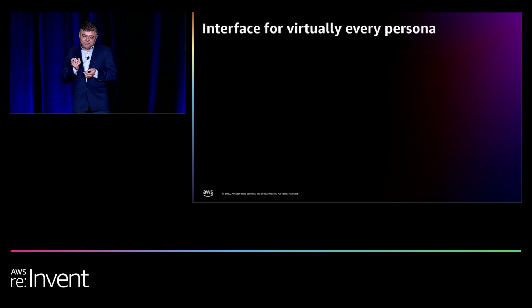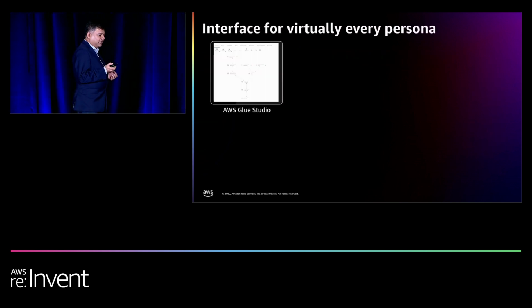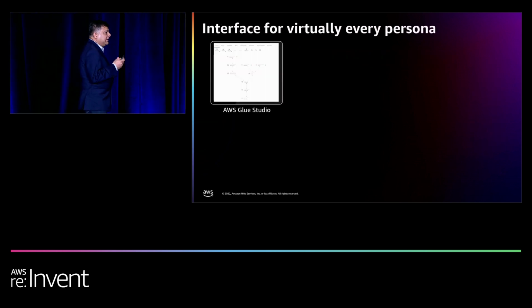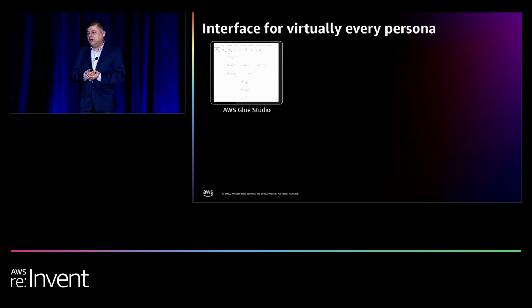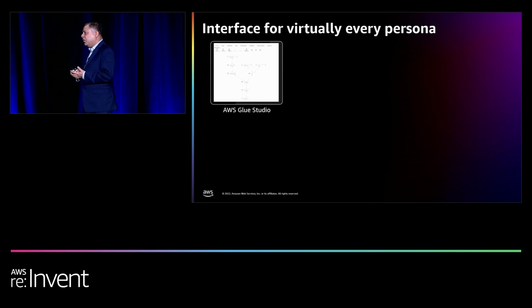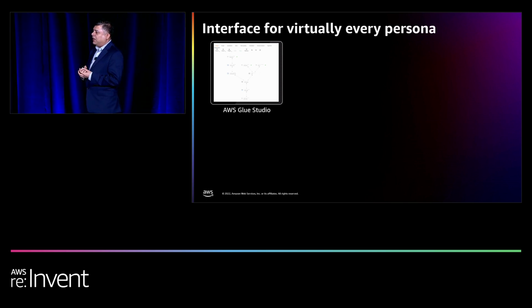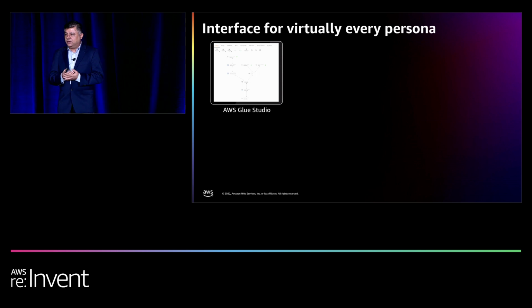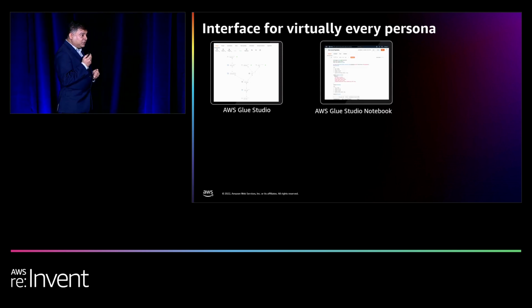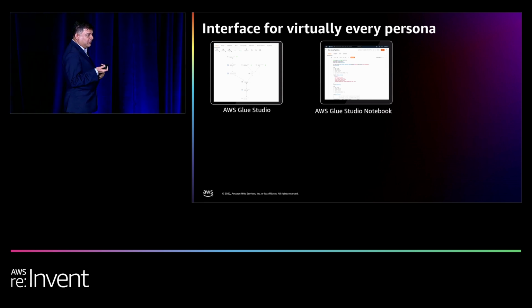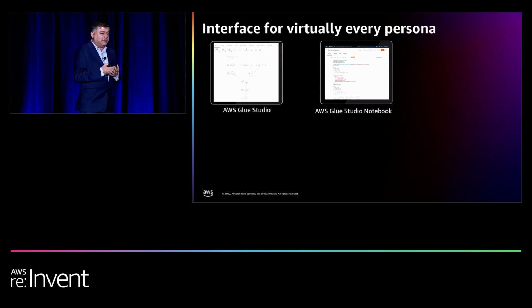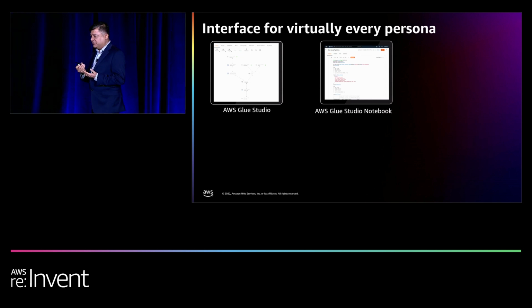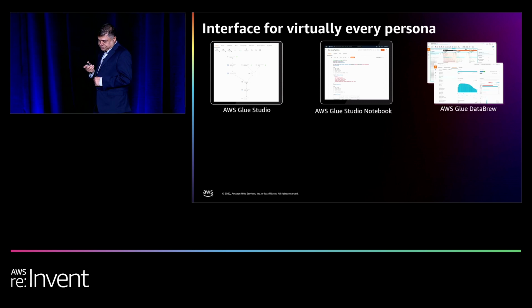Now, to achieve that, we deliver an interface for virtually every persona. We have the visual DAG interface for users who are comfortable writing a no-code job. We have the Glue Studio Notebook for developers who want a fast start time, a built-in notebook experience where they can just start authoring jobs using the programming language of their choice.